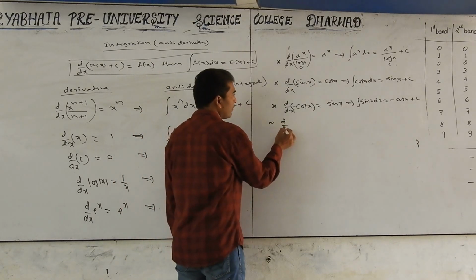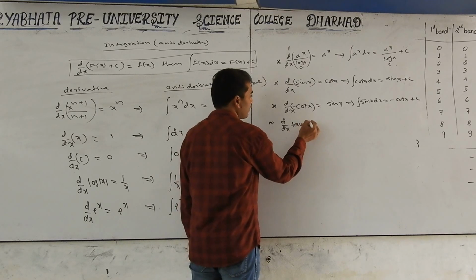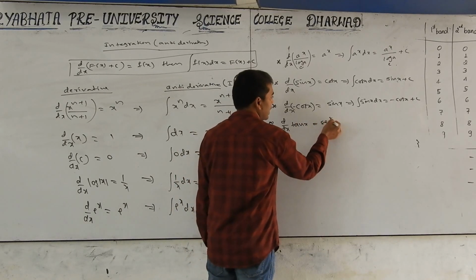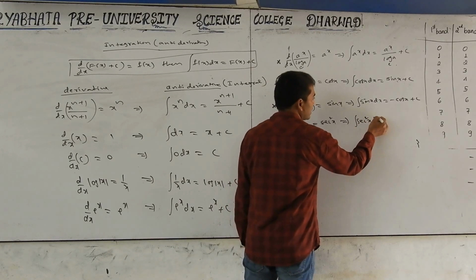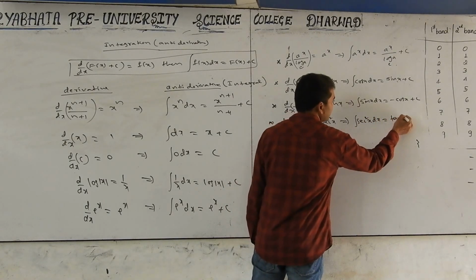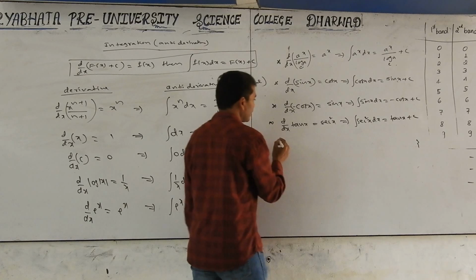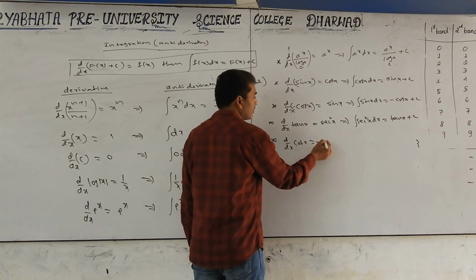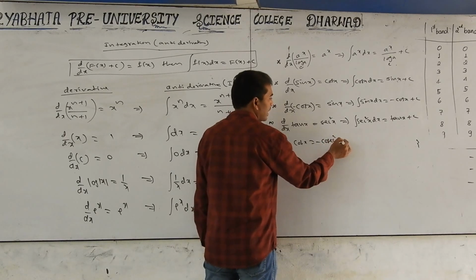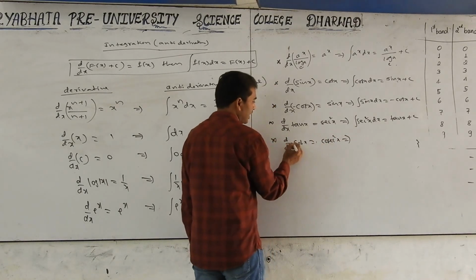D by dx of tan x differentiation is secant square x. Therefore integration of secant square x dx equal to tan x plus c. D by dx of cot x equal to minus cosec square x. So minus right here.